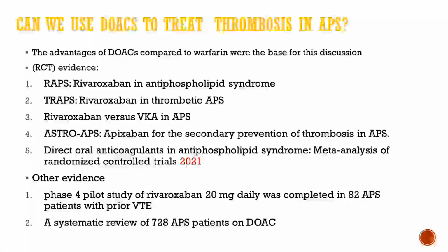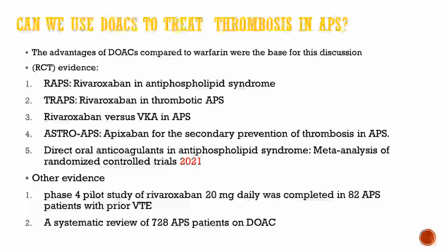For that reason, multiple randomized clinical trials were done, including RAPS, rivaroxaban in antiphospholipid syndrome, TRAPS, rivaroxaban in thrombotic antiphospholipid syndrome, rivaroxaban versus VKA in APS, ASTRO-APS for apixaban for secondary prevention of APS, and finally a meta-analysis of randomized controlled trials in 2021, which looked at a large cohort of patients who received DOACs as a treatment for thrombosis and antiphospholipid antibodies.